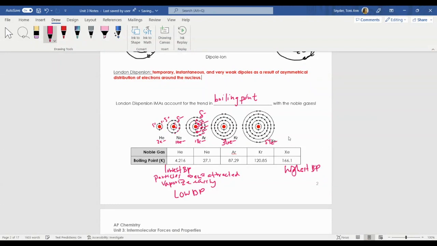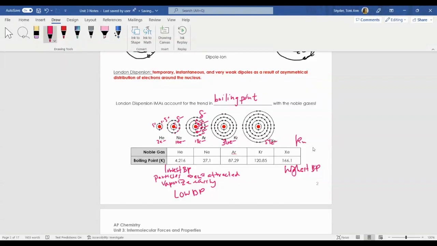So because xenon has so many electrons surrounding that nucleus, it is able to more strongly attract one another. And because it more strongly attracts one another, of the noble gases, xenon would have the highest boiling point. And actually, there's one missing on there. Radon would be next. So radon would be over here.